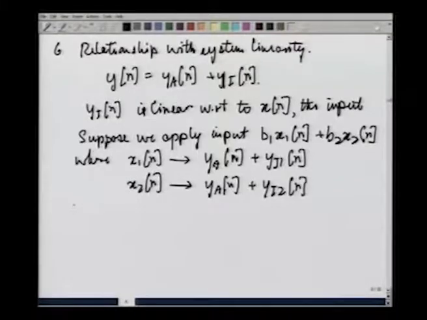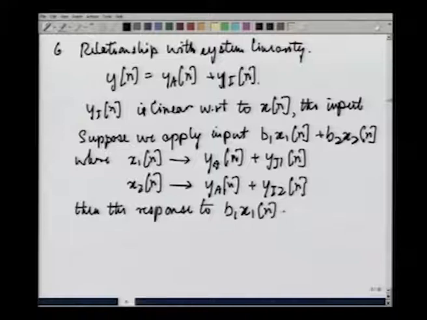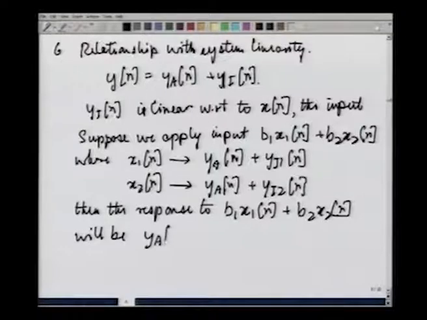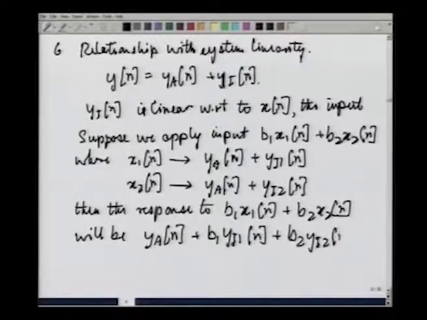Then the response to b1 x1[n] plus b2 x2[n] will be y_a[n] plus b1 y_I1[n] plus b2 y_I2[n].